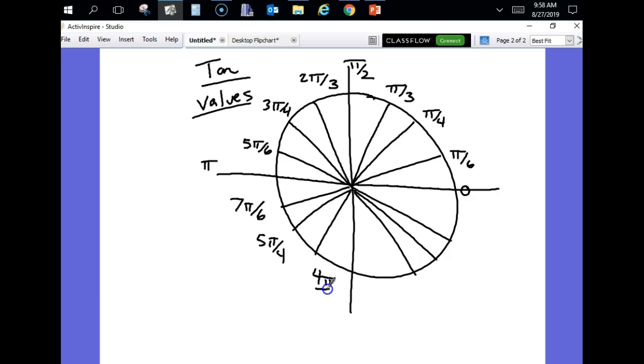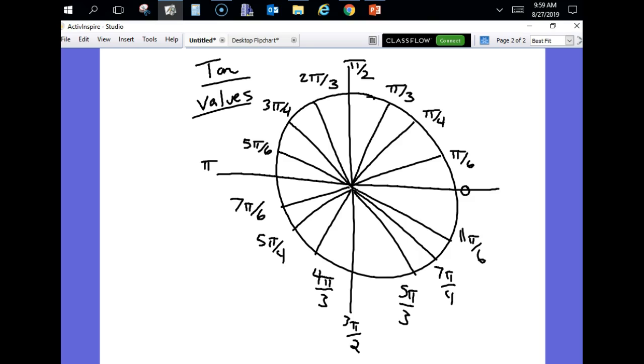Pi over 4, pi over, bless you, 3, I believe. You guys can check me. I'm just going from memory here, but I'm pretty sure these are all right. So those are all the radians, right? But what you want to know is the tangent values that go with all of these.